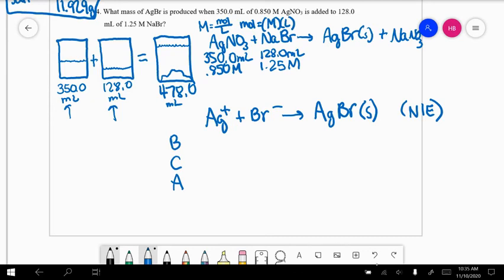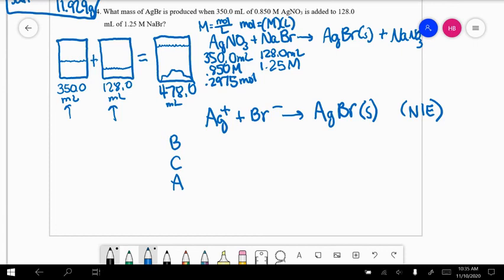So in this case, it'd be 0.850 times 0.350 liters. So remember, you want to get good at looking at that and saying, oh, 350 milliliters, that's 0.350 liters. And that gives me 0.2975 moles of silver nitrate.